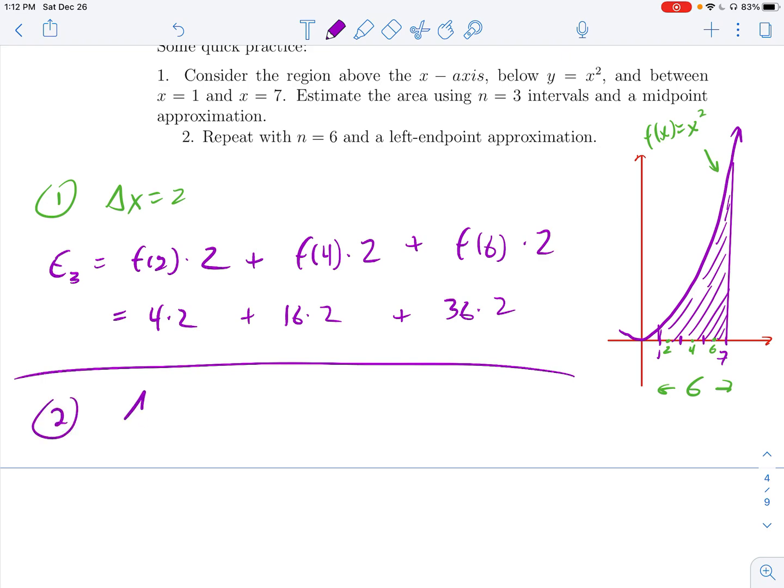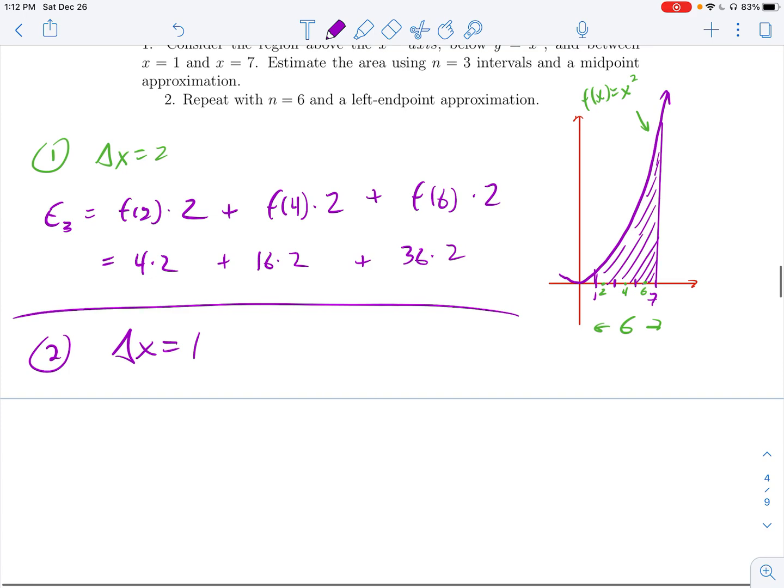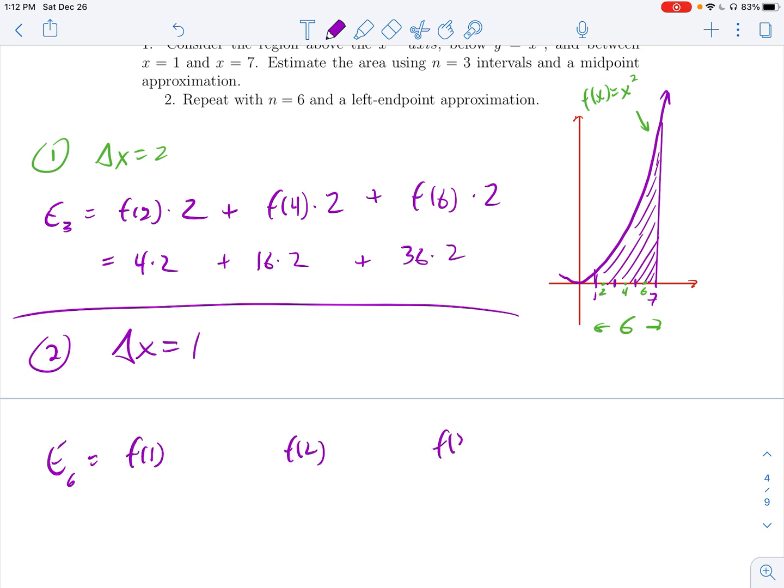For number 2, we've divided it into 6 intervals, so each one has a width of 1. And we would be using the left endpoint approximation. So our left endpoints are at 1, 2, 3, 4, 5, and 6. 7 is a right endpoint, so it doesn't count. And each base is 1 unit wide.